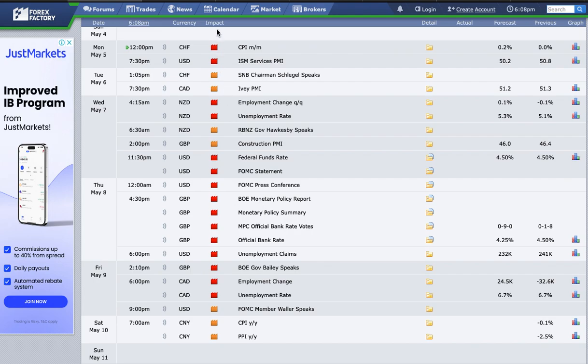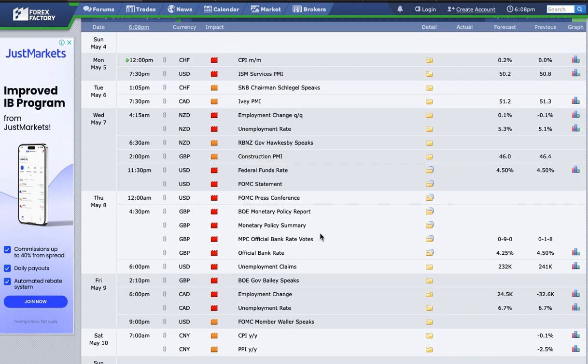The impact is high impact news. Any one of these news will make the market fluctuate more, and these four data will be the most important data.